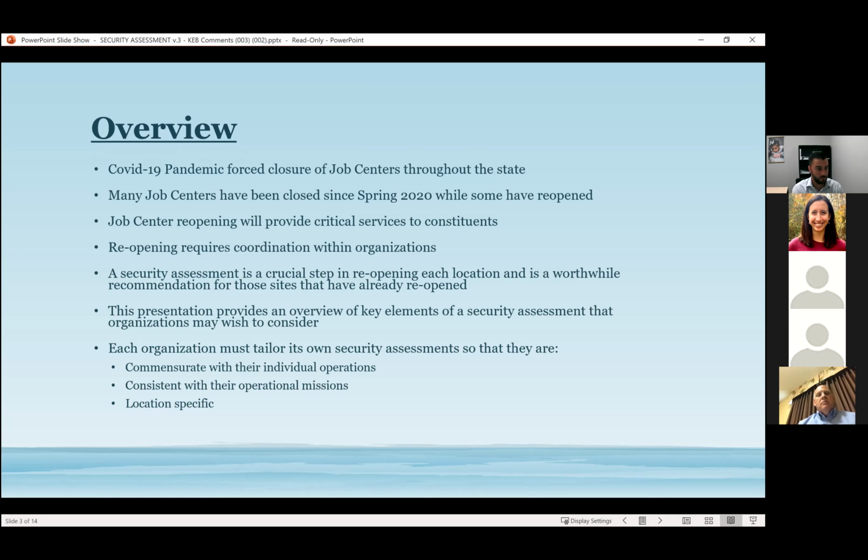Security assessment is an important step for each location prior to reopening. So this presentation provides a very general overview of some of the key elements that we at Central Management Services use and that organizations may wish to consider. Each security assessment should be narrowly tailored to make sure that it's commensurate with individual operations, missions, and location specific.